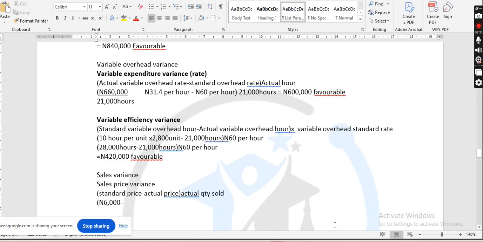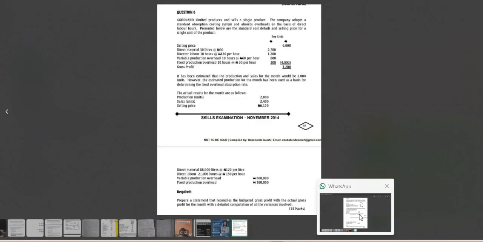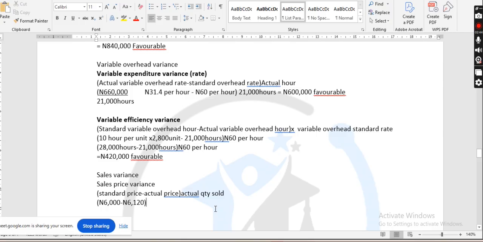Minus what is the actual price? 6,120. So what is the actual quantity sold? 2,400.